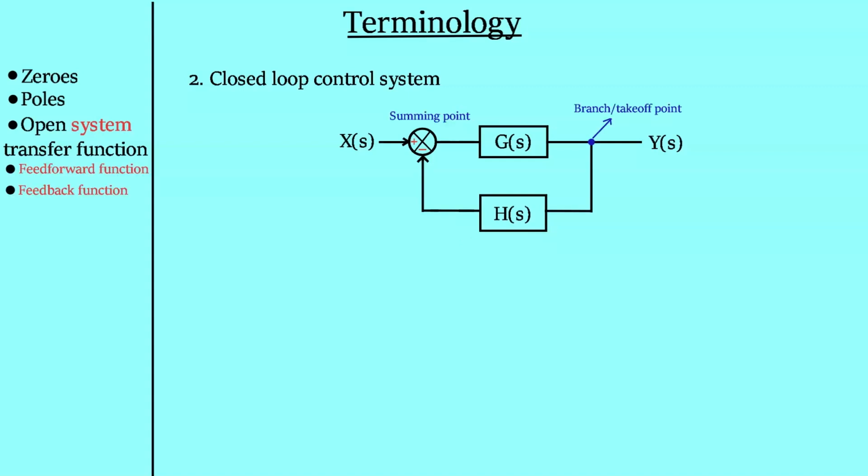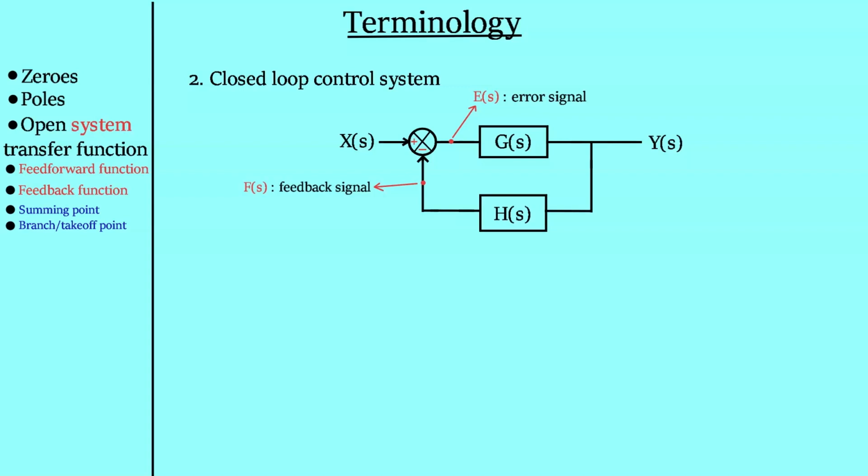This circle is referred to as summing point, whereas a simple takeout from any branch like shown is referred to as branch point or takeoff point. This is the point from where we get the error signal, and this is the point from where we can find the feedback signal if required.